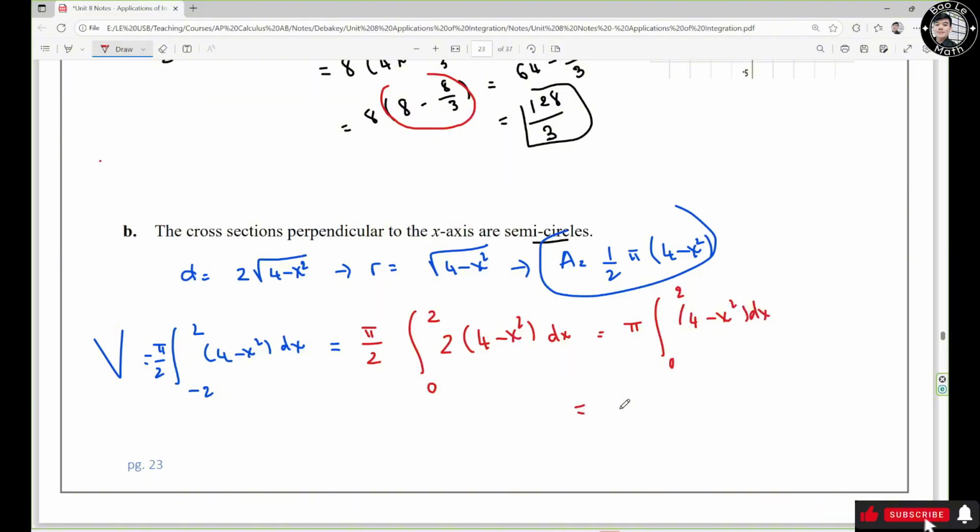And then this guy turns out to be pi times 4s minus 1/3 s cubed, evaluated from 0 to 2. Substitute 2 for s, it will be pi times 8 minus 8 over 3. Substitute 0 for s, it will be 0, right? So this guy turns out to be 16 pi over 3, right?